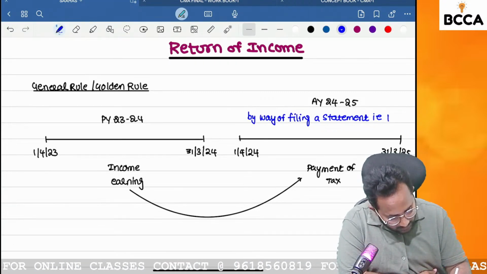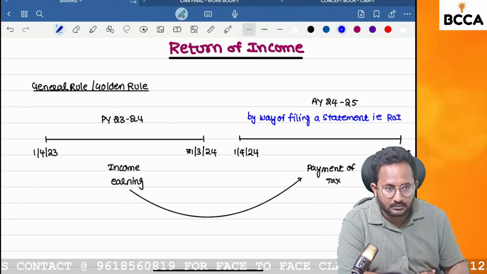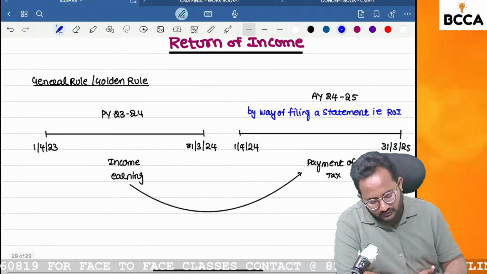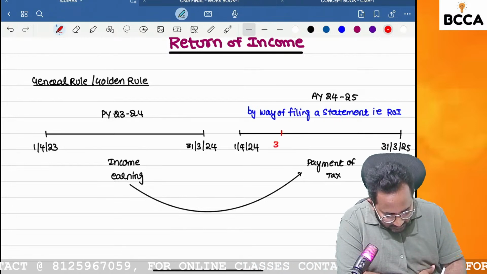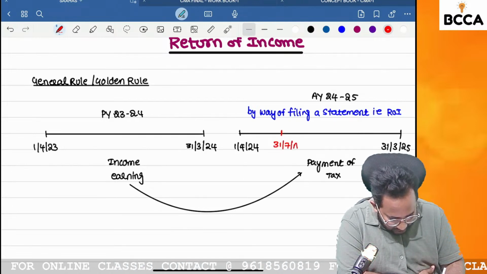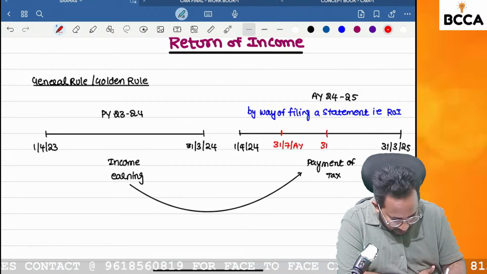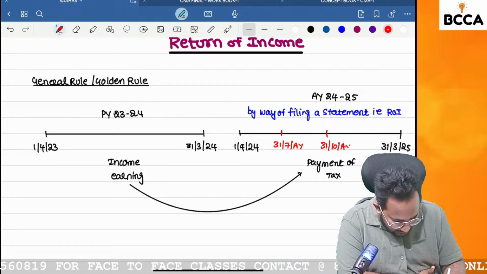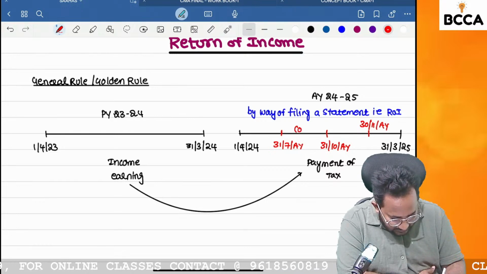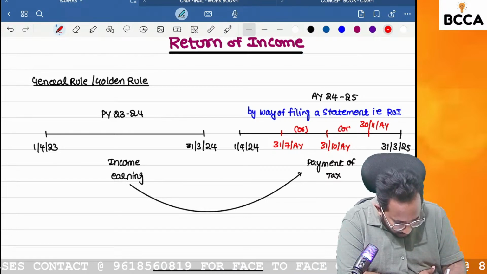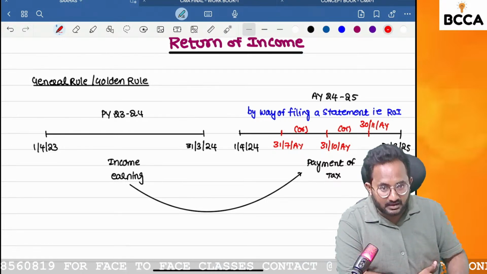In future I will tell you the due dates, but right now: 31st July of the assessment year, 31st October of the assessment year, 30th November of the assessment year. These are the three common due dates for filing the return of income.